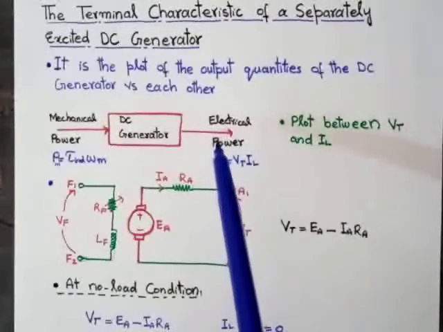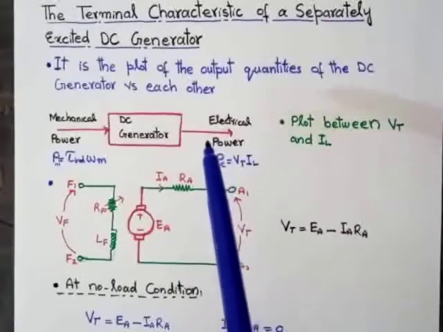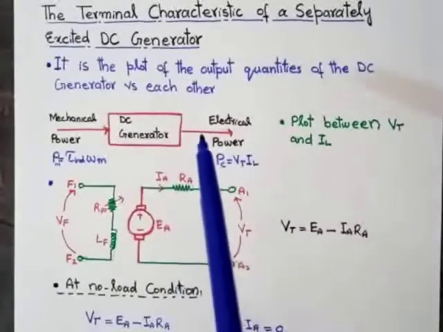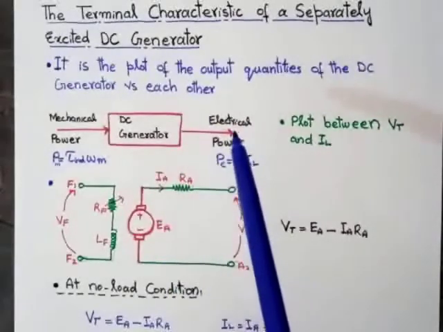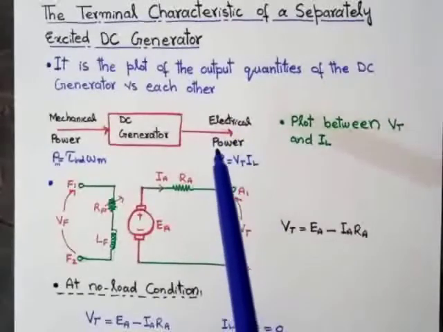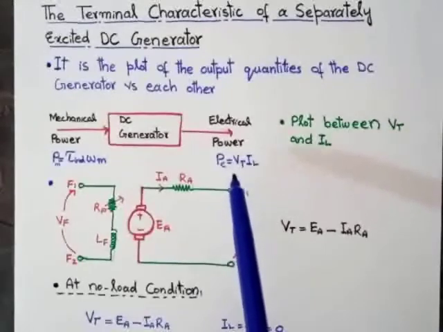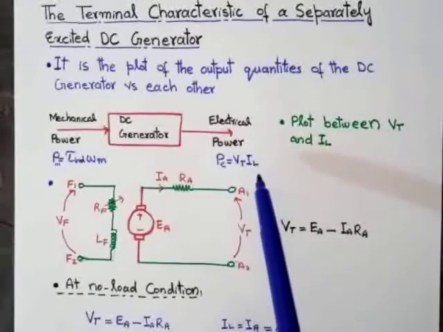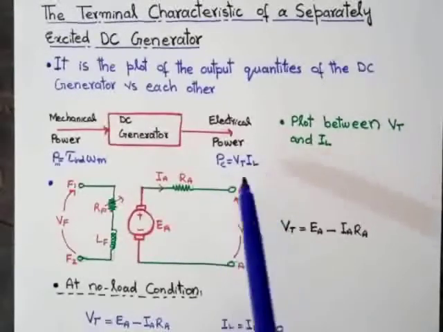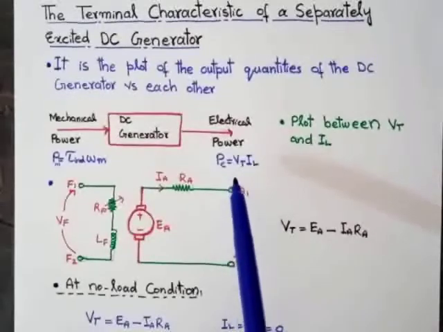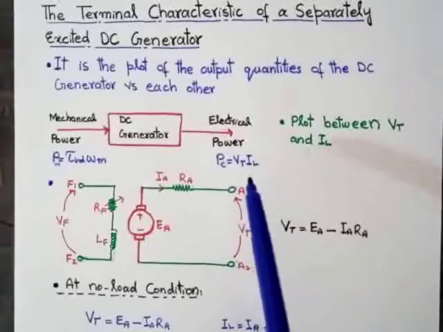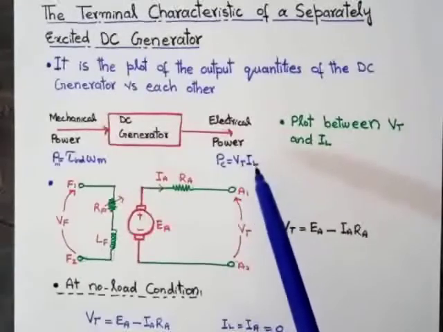The terminal characteristic is the plot between the output parameters. The output parameters of the DC generators are terminal voltage and line current. There are two output parameters. The first one is terminal voltage and the second one is line current.